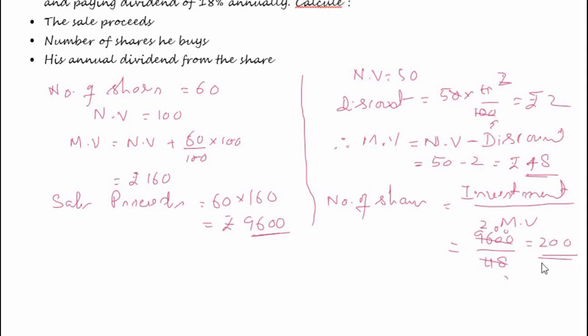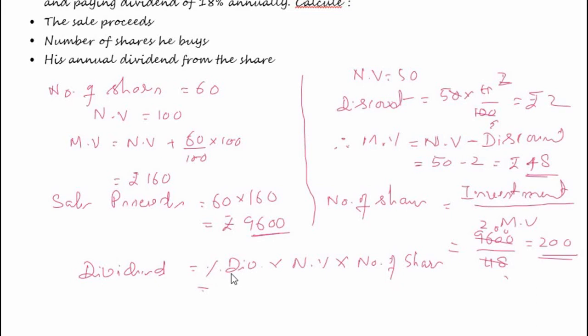Now his annual dividend from the shares. So how to calculate the dividend? Dividend is equal to percentage dividend into NV into number of shares. What is the percentage dividend here?